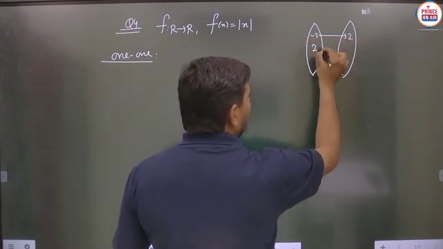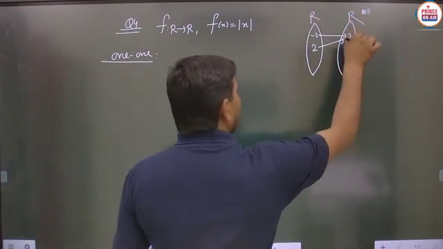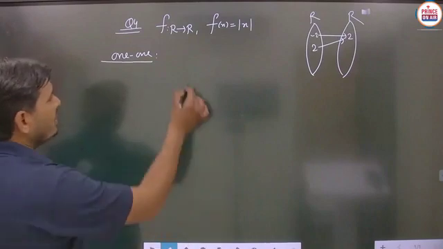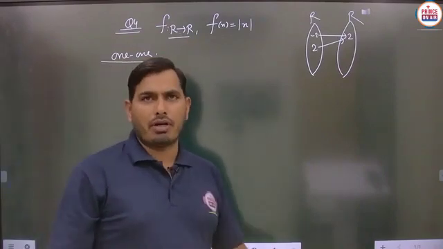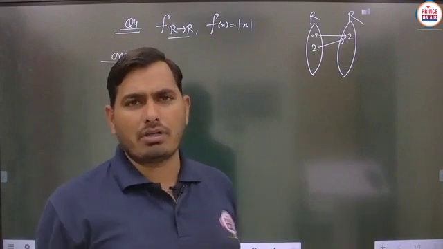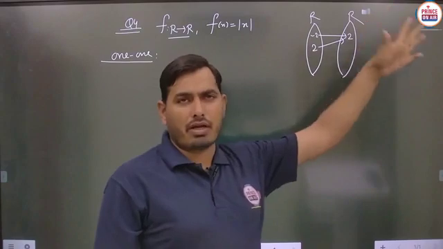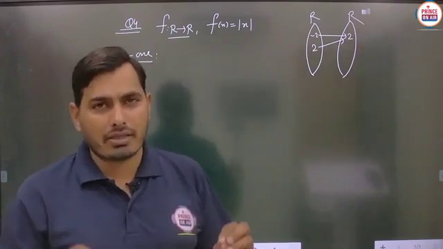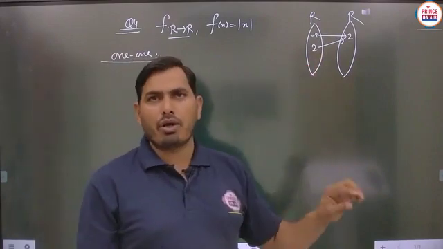Suppose 2 is there, then again the answer is 2. This is the set of real numbers, and this is the set of real numbers. Any function is defined from real numbers to real numbers, and modulus will always provide a positive answer. So modulus of -2 is 2 and modulus of 2 is again 2. So it is a many-one function. Directly from this mapping, you can check the answer.